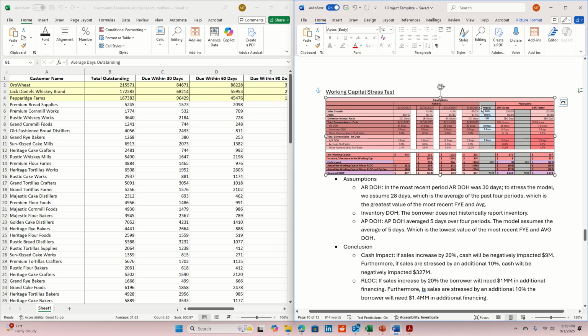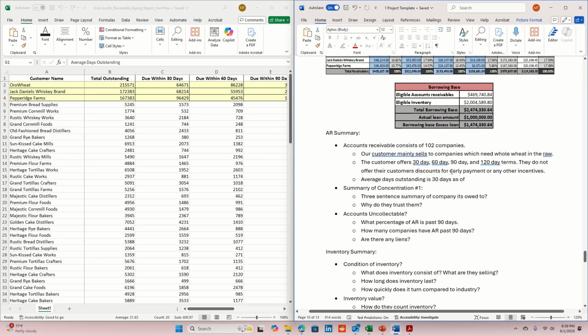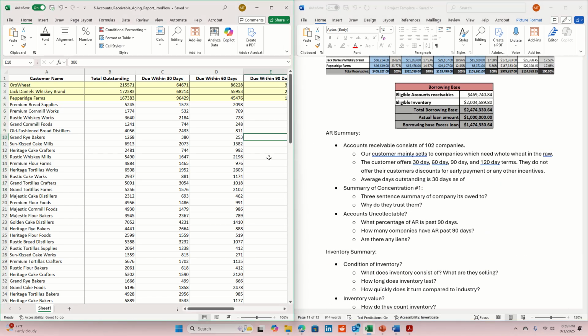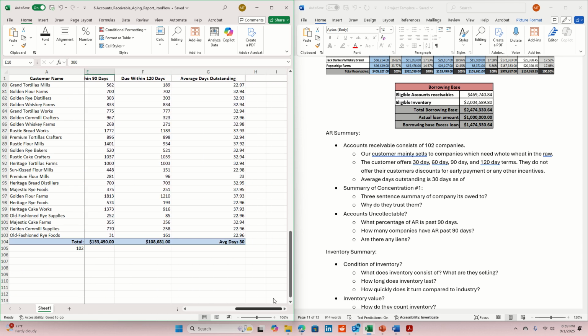As of May 2025, they have a 30-day accounts receivable, so we can verify that if we need to. But as far as their accounts receivable aging report tells us, their average outstanding days is 30 days.